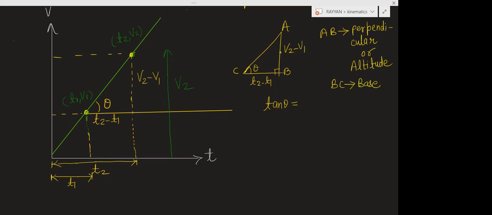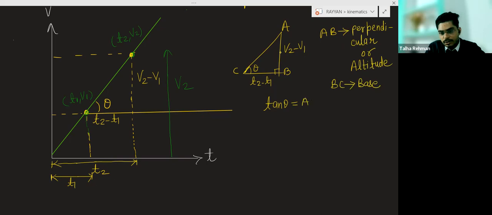Tan theta is perpendicular divided by base, so tan theta is v2 minus v1 divided by t2 minus t1.